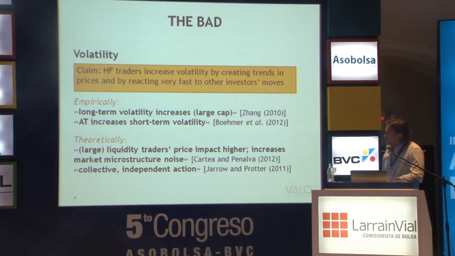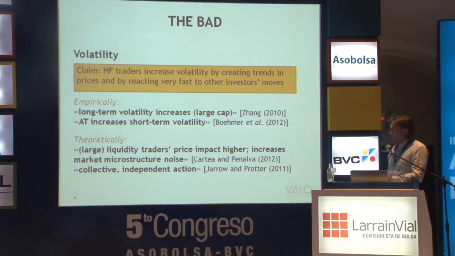The problem with both of these papers, and most of the papers in this literature, is that they don't define HFT accurately. If you look in any detail, you will notice that they don't define HFT. They define automated trading, which includes algorithmic trading as well. So you don't separate the institutional execution algorithms from the HFT.